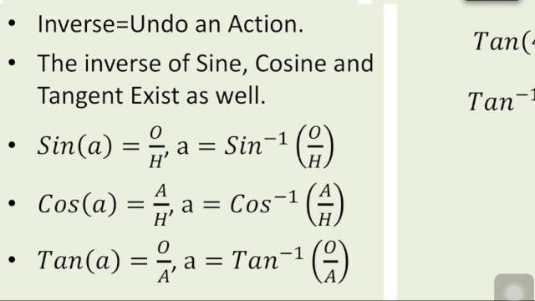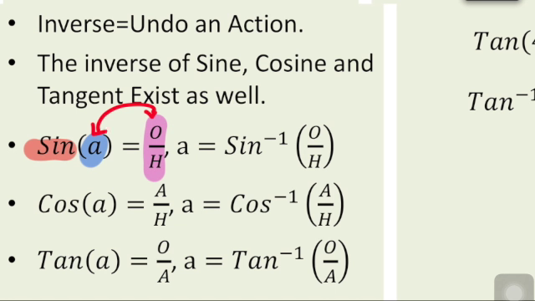So let's first look at the sine, right? We can see here that the sine of my angle is just equal to the opposite over the hypotenuse. We've already seen that. So what the inverse is doing is the inverse is going to swap whatever's inside with whatever's outside. It's going to swap these two.